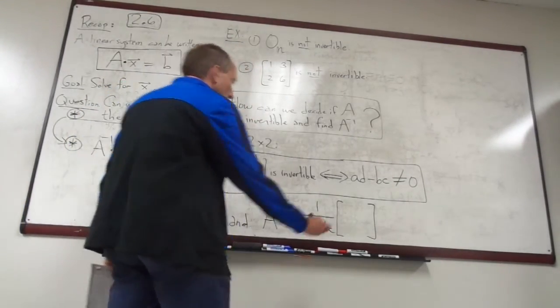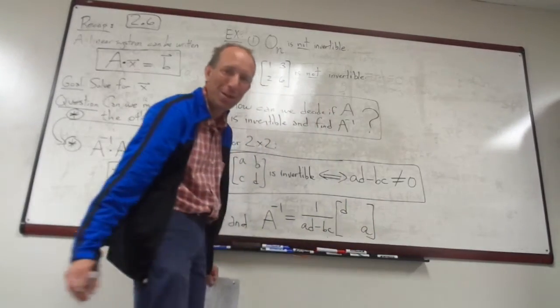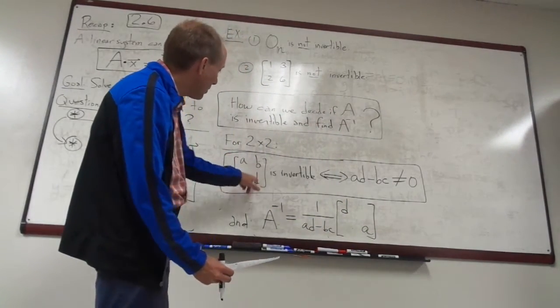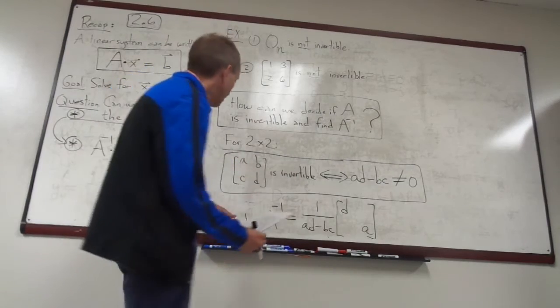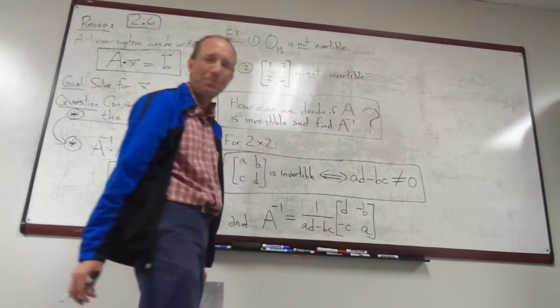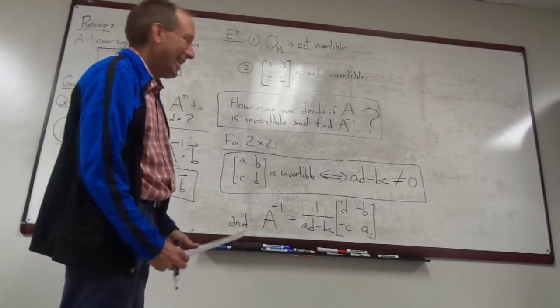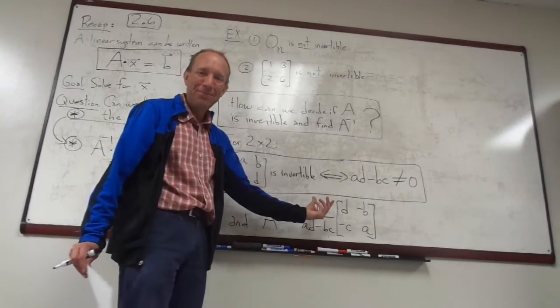And then what we do is, and this is one that you're just going to want to remember for the whole semester, it comes up a lot, you swap the positions of the a and the d, and then you put minus signs on the b and the c. Okay? That's it.